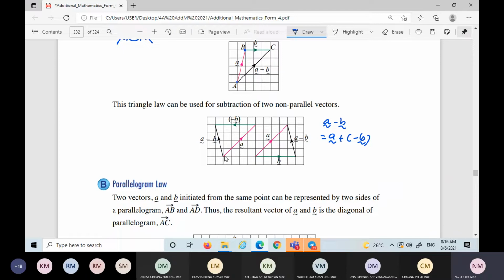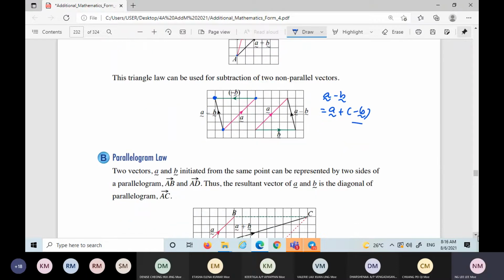I repeat, for the first vector, the ending point will be the starting point of the second vector, which is negative B. Then this is the ending point of the second vector. Your resultant vector uses the starting point of the first vector as its start, and the ending point of the second vector as its end. So it will form a triangle. This is the triangle law.